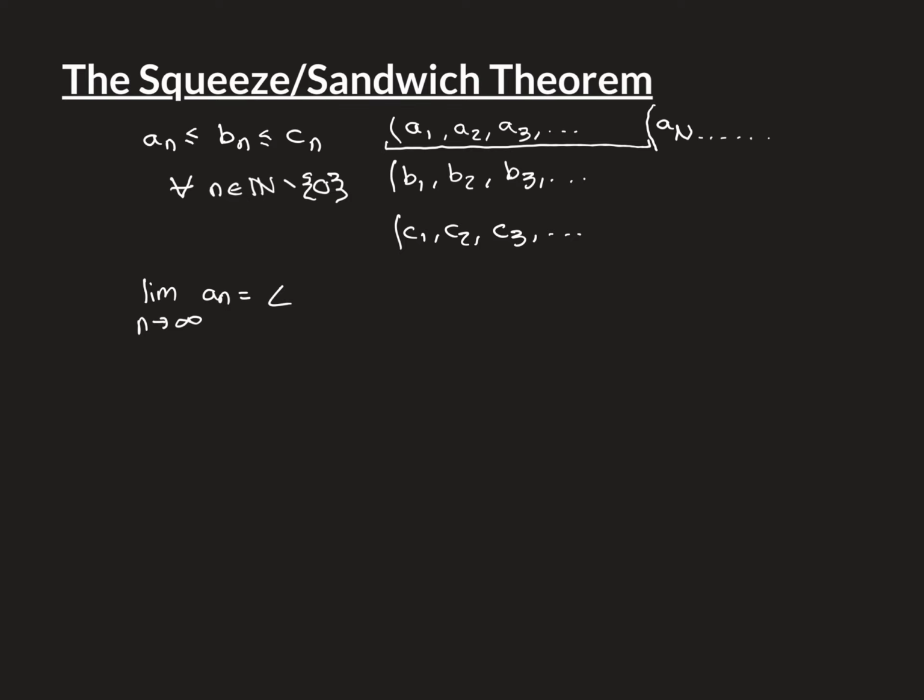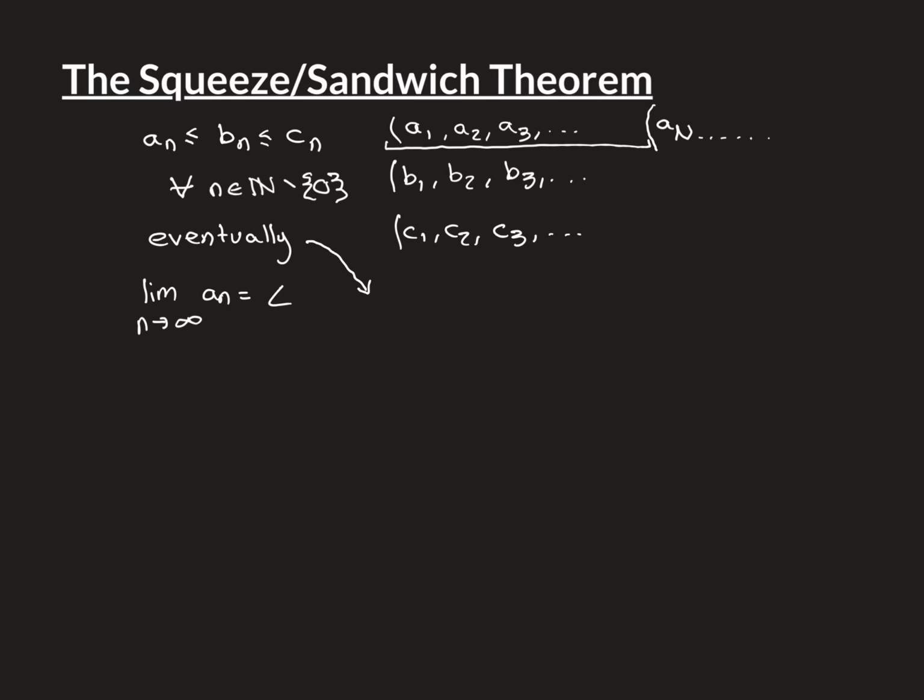So actually, for this to apply, it doesn't necessarily have to be true for every element of the sequence, but it has to eventually be true. And this is a really important word that sounds as though we're just using it in the English context, but actually has a proper mathematical meaning. So when we say that this needs to eventually be true, it means that there has to be some point in the natural numbers. So there has to be some big N. So we might write this down.